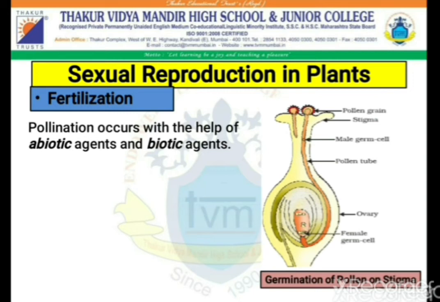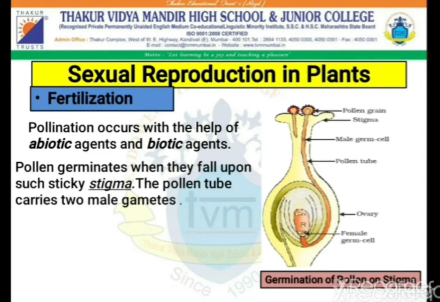So as I said earlier, pollination can be carried out because of various factors like air, water, wind, animals. These things are categorized as biotic and abiotic. That is, living things are considered biotic, non-living things are considered abiotic.